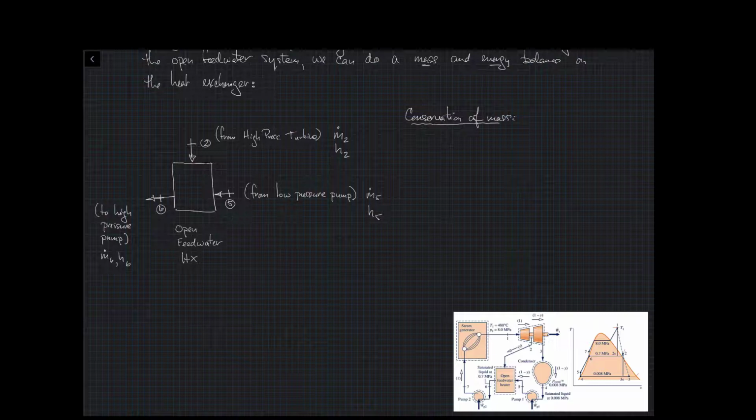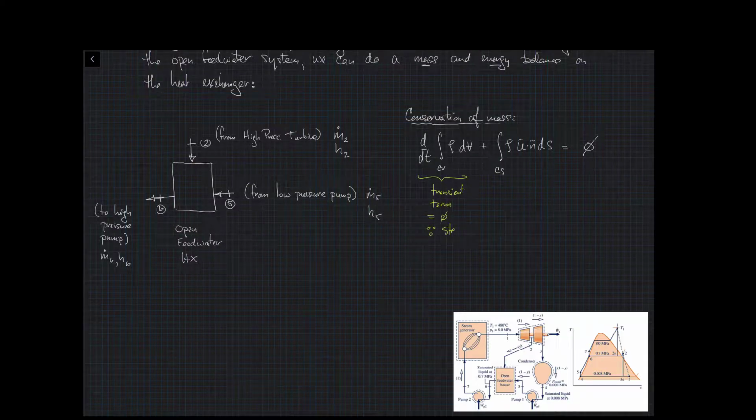So first let's apply the conservation of mass to this, and for the sake of this problem I'm going to go back to the very general Reynolds transport theorem form of conservation of mass. I think it's a good place to use it as an exercise because it's kind of an easy example, and you can see how this intimidating form can actually work out to be something a lot simpler than it first meets the eye.